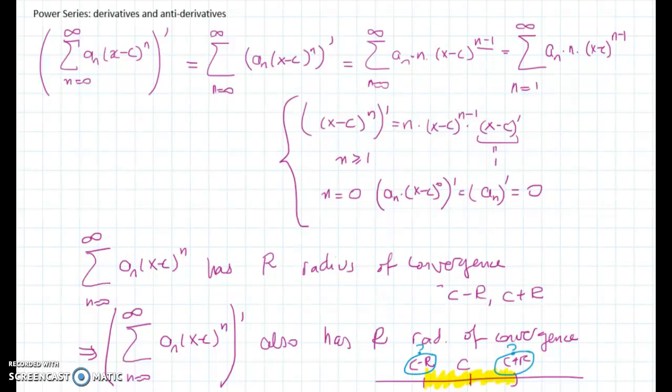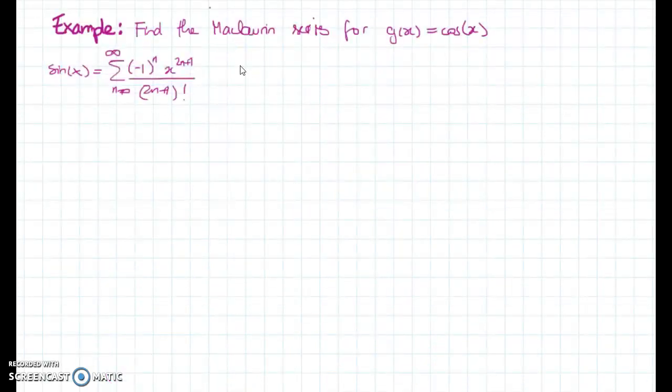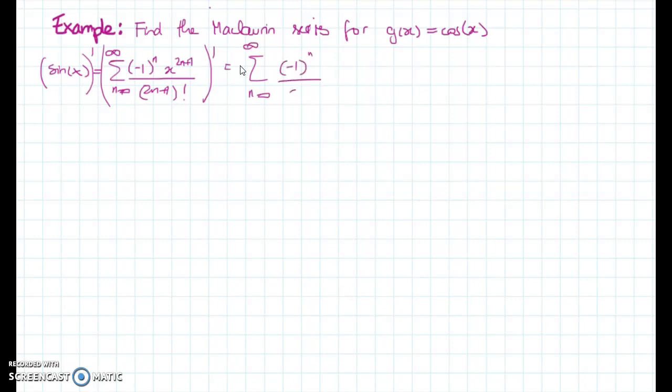Let's apply this to find the Maclaurin series for the function g(x) equals cosine of x, using the fact that we already found the power series for sine of x. So we are going to consider the derivative of this power series. So we're going to have the sum from 0 to infinity. We are going to have the factor (-1)^n over (2n+1) factorial multiplied by x to the power of 2n+1, and here's where we take the derivative. This is going to give us the sum from 0 to infinity, and then we still have the same constants.